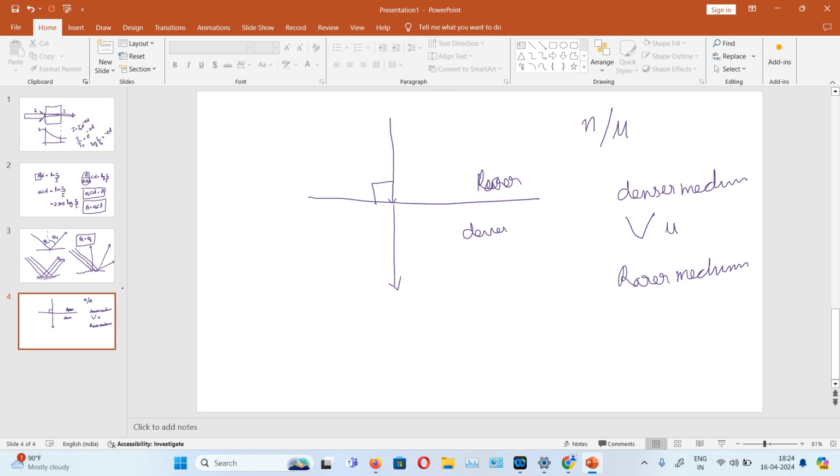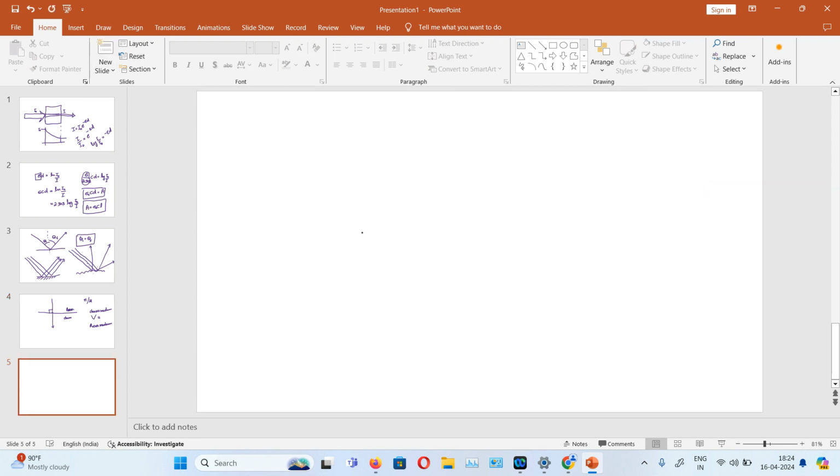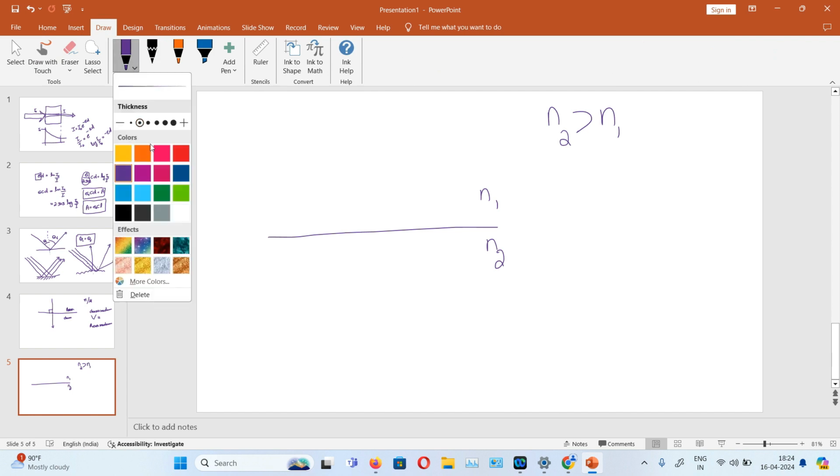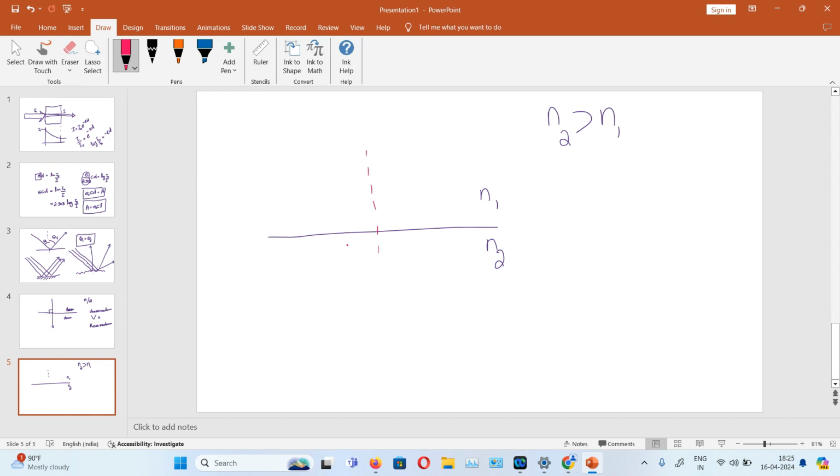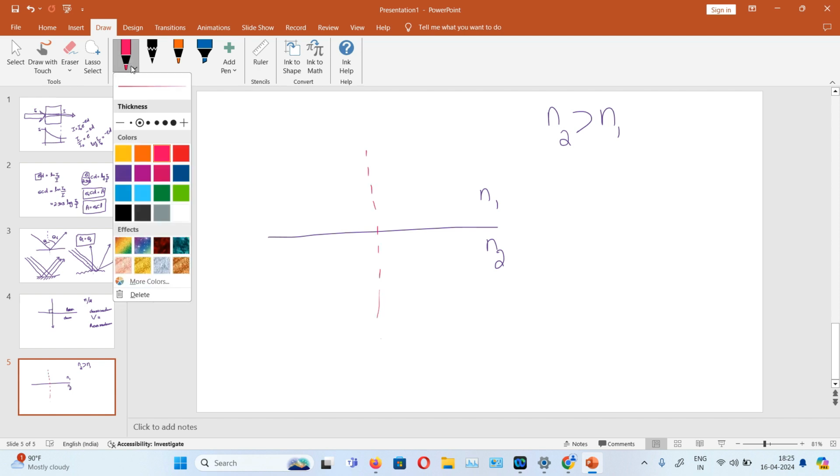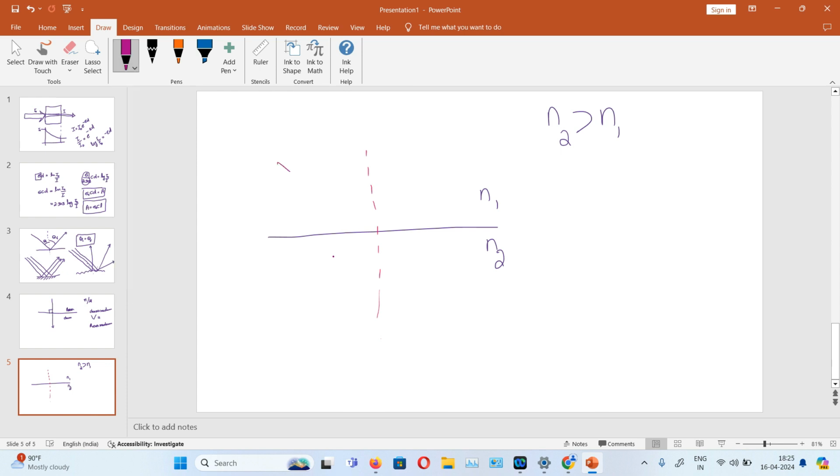But what happens when the angle of incidence is a particular angle? This is the surface, and drawing a normal to the surface, when light is incident at a particular angle, it will bend towards the normal.